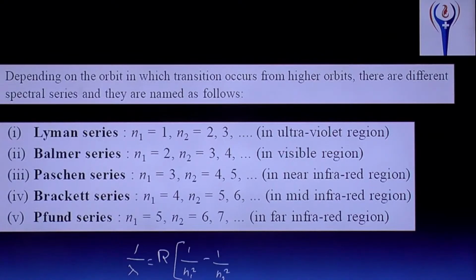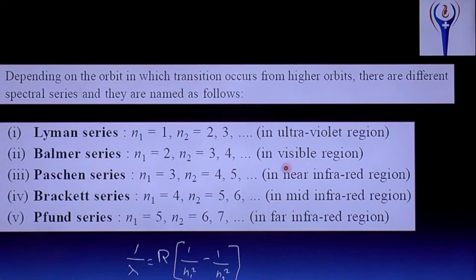This is the formula, and if n1 equal to 1 and n2 equal to 2, 3, etc., then it is Lyman series. And if n1 equal to 2 and n2 equal to 3, 4, then that is Balmer series, the visible region spectrum. If an electron jumps from the third orbit, fourth orbit or any higher orbit to the second orbit, then the light emitted will be visible light.